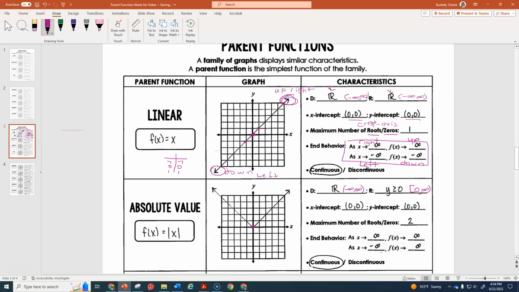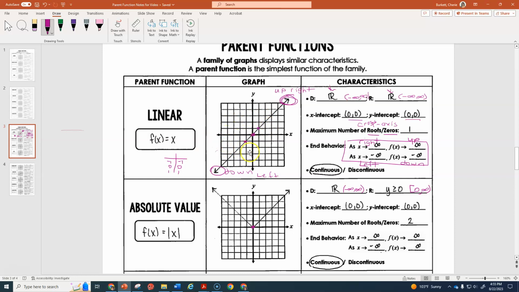The reason that we look at ordered pairs to help us graph it is because we're going to start transforming these real soon. And if we get the general idea of what the shape should look like, it doesn't matter where we move it, we can still have that middle one, and then we're going to go up 1 and over 1 and go down 1 and left 1, and we get those other 2.